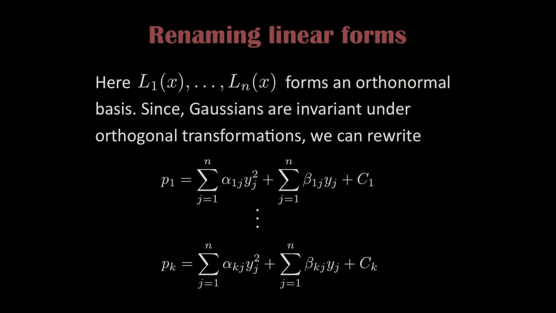And because of the great property that Gaussians are invariant under orthonormal transformations, the joint distribution of P1 to Pk, which is what we are interested in, remains the same if I just rename the variables from Lj to call it Yj. So these are just new independent normals. And so now these are the polynomials, and this is the joint distribution we're interested in understanding.